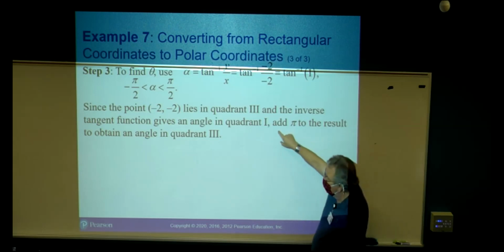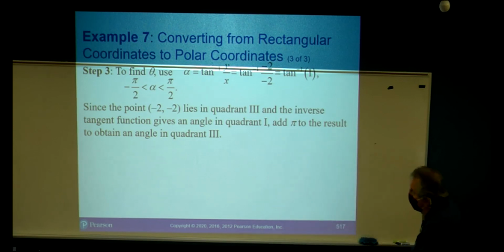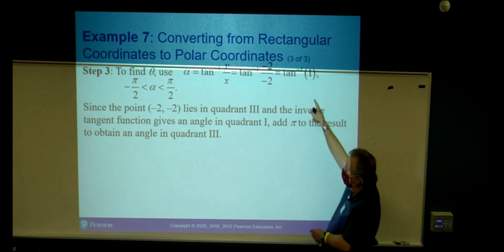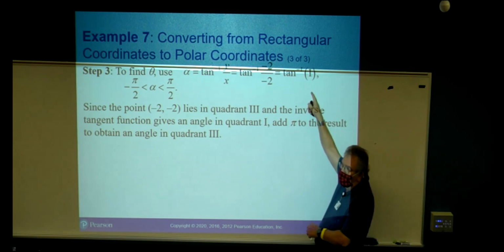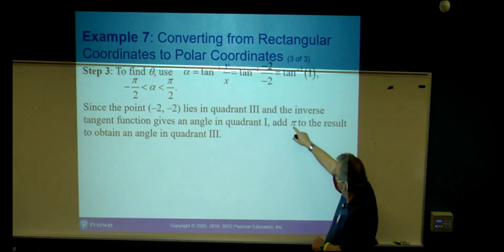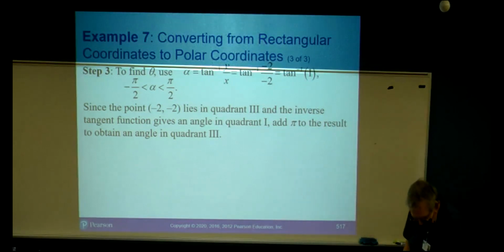And that's what they're saying here. They're saying the exact same thing I said. Since -2, -2 is in the third quadrant and the inverse function gives an angle in the first quadrant, we just need to add pi to the angle it gives, and that'll put us where we need to be.